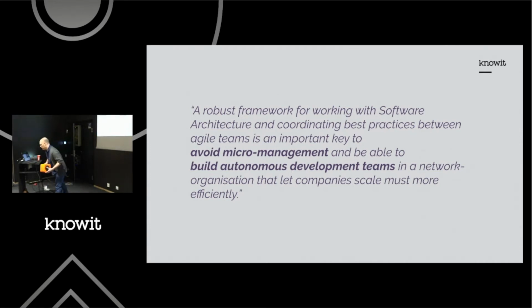So the key assumption I have is that actually being able to build autonomous Agile teams is hugely beneficial to the scalability of an organization. By being able to delegate both responsibility, like real responsibility and mandate, and to build competent development teams, being able to take full responsibility of creating the technology architecture, the solutions architecture, the application architecture of a part of the solution is hugely beneficial.